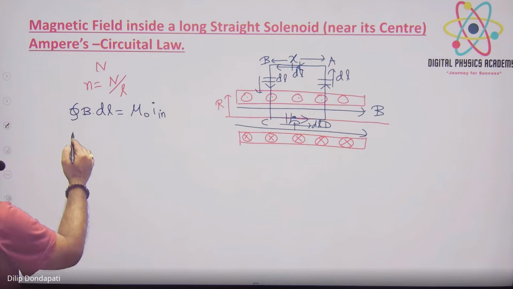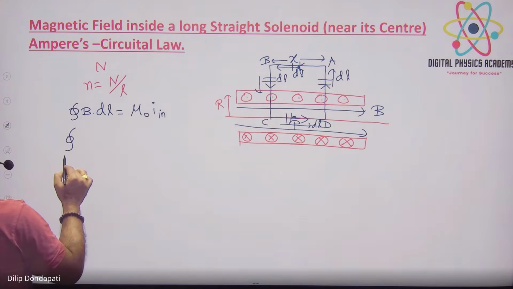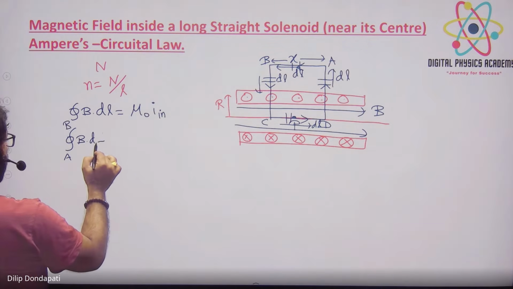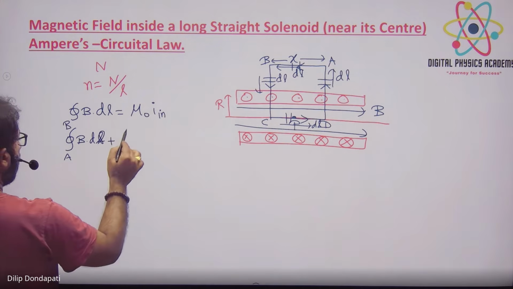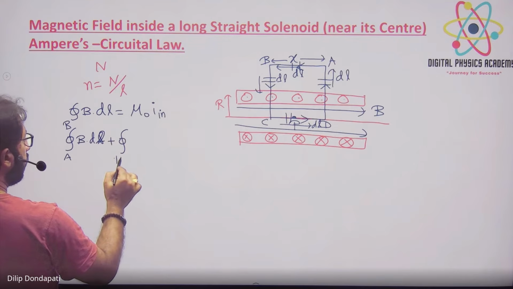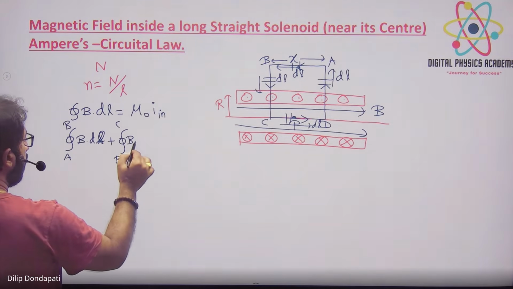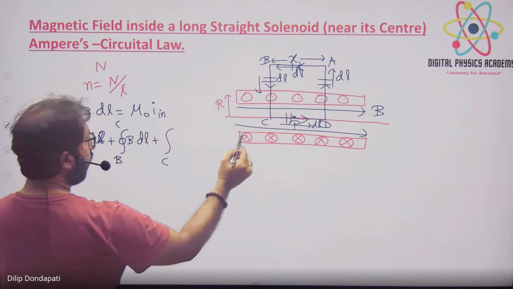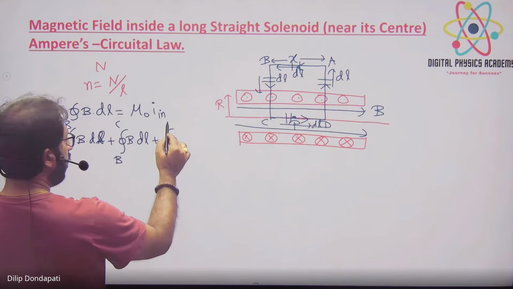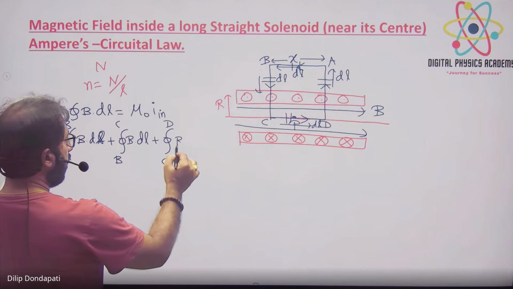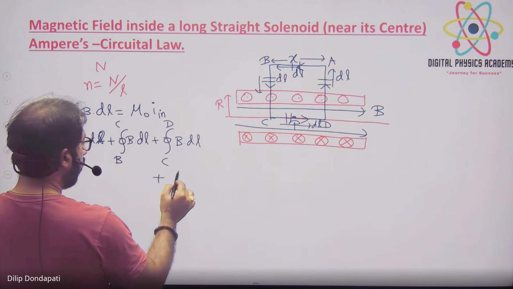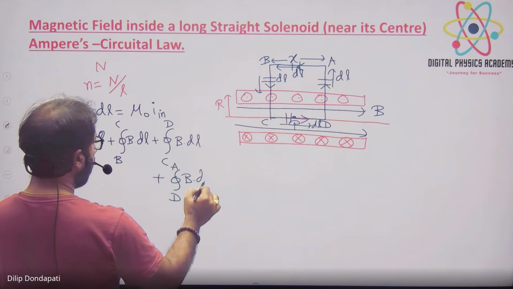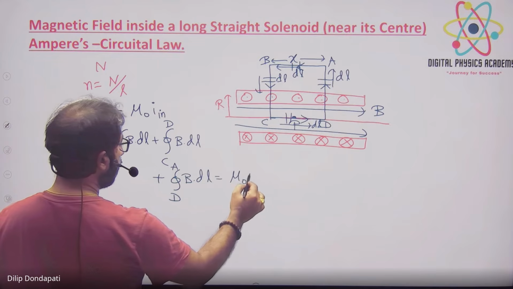Now we apply Ampere circuital law: closed integral from A to B of B dot dl, plus closed integral from B to C of B dot dl, plus closed integral from C to D of B dot dl, plus closed integral from D to A of B dot dl is equal to mu naught times I inside.